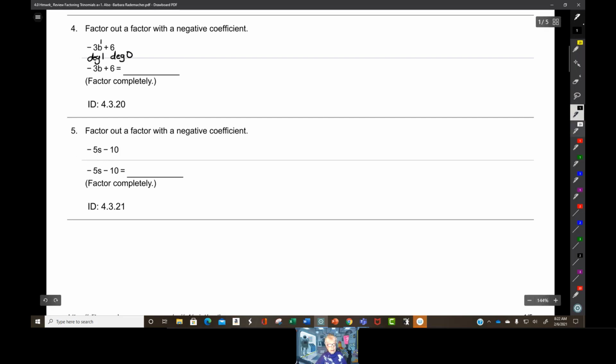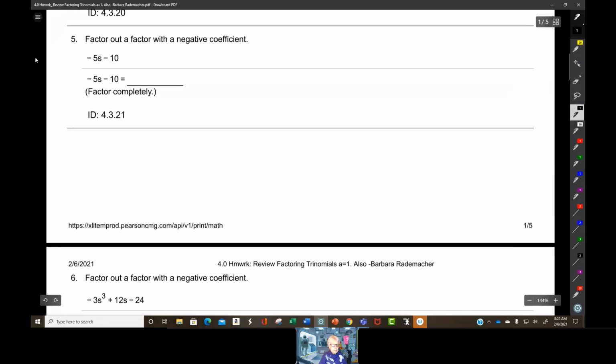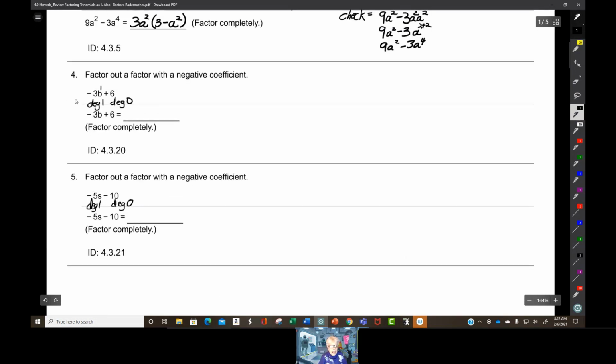You've got the same thing here in number 5. You've got degree 1 and degree 0. Which means, the whole reason I'm doing this, the highest degree term is called the leading term. And I need to write that down for you.